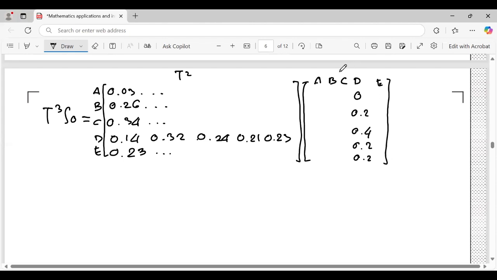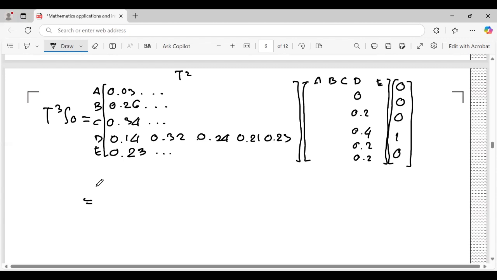So this is T squared times T, and then times the state matrix, on D, so 1, row D.